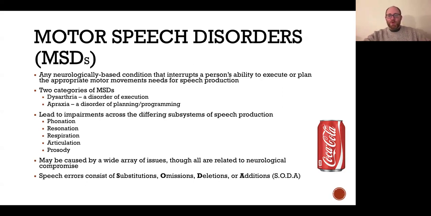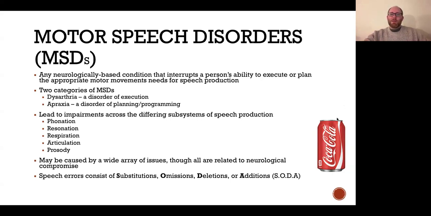Either of these motor speech disorders can lead to impairments across a variety of different subsystems within the system of speech production, and that includes your phonatory system, resonatory system, respiratory system, articulatory system, or dealing with prosody or extra speech characteristics.